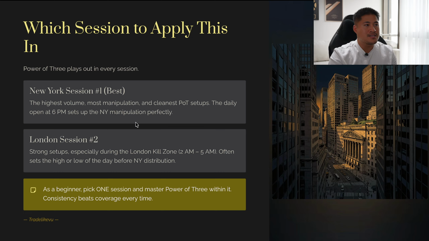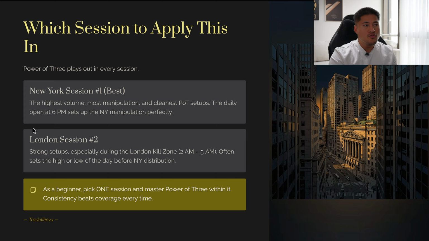And the second best session overall is the London session, okay? Strong setups, especially during the London kill zone, which goes from 2 a.m. to 5 a.m. Eastern Standard Time. And it often sets the high or low of the day before New York distribution. And as I told you before, my personal highest win rate strategy is traded during London.